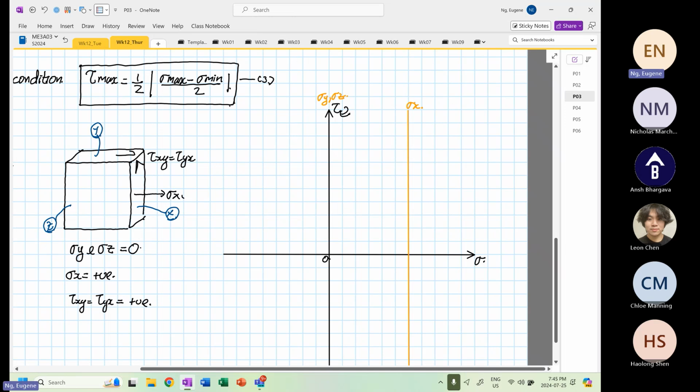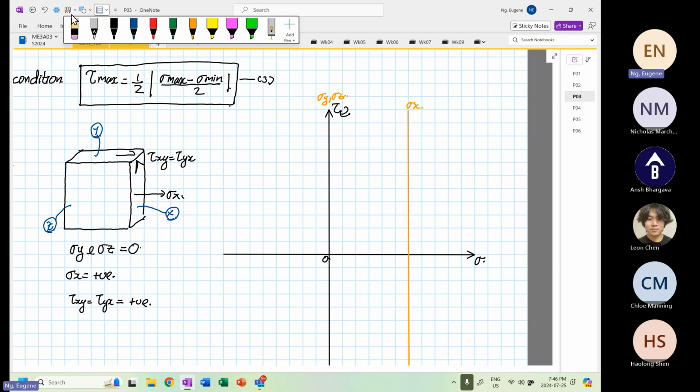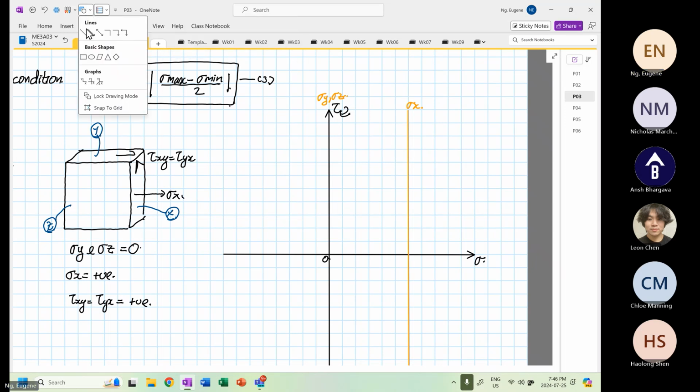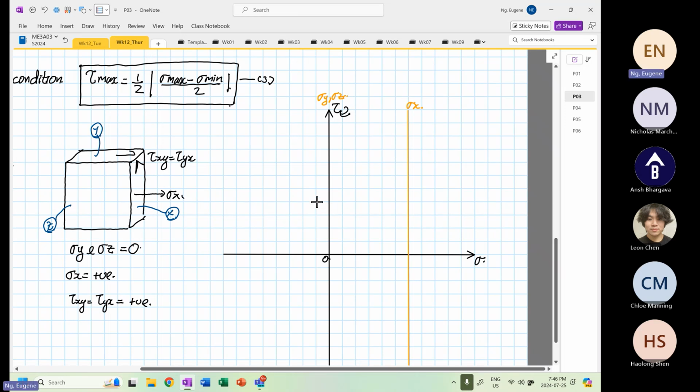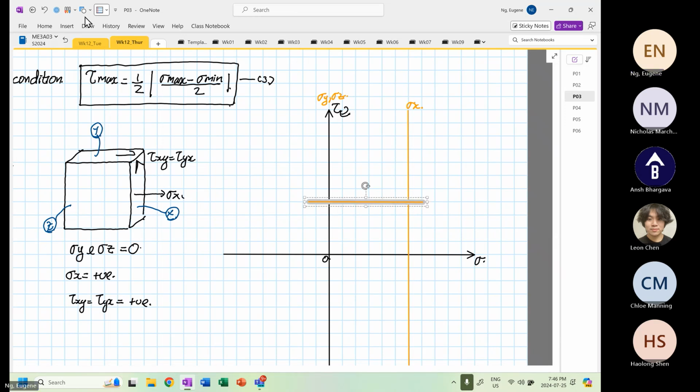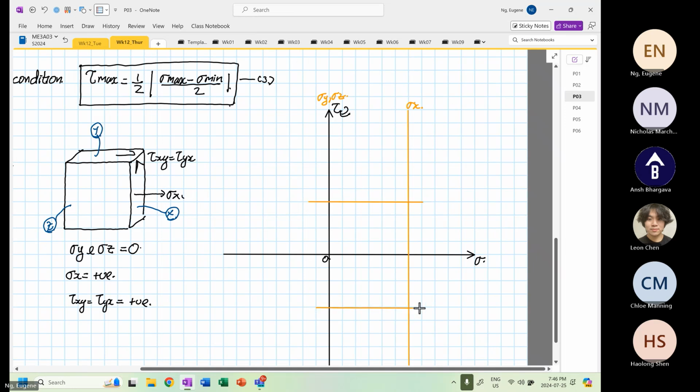And then we are going to have a shear now. So I'm going to sketch a shear. And this is our shear line. Then we are going to have another shear line over here.